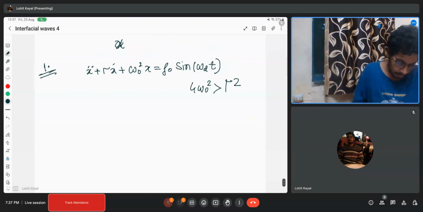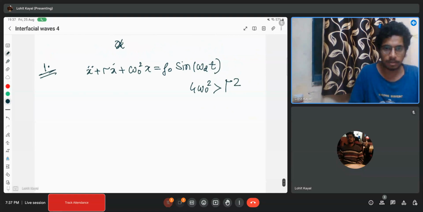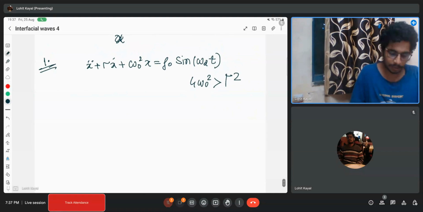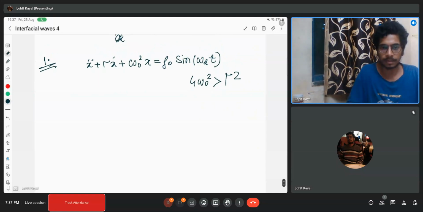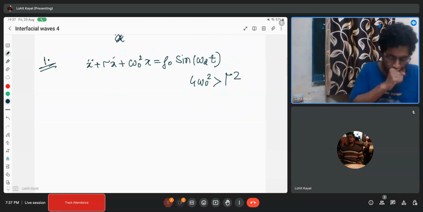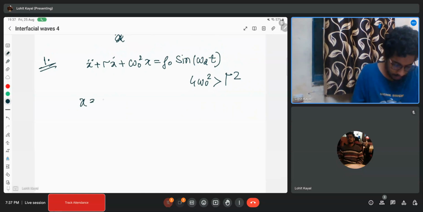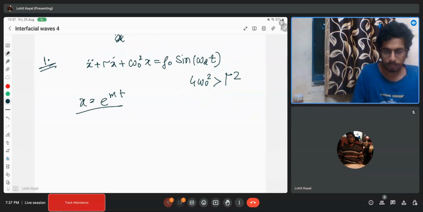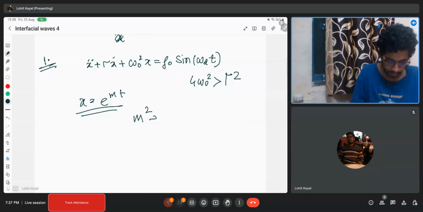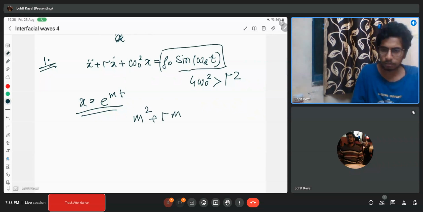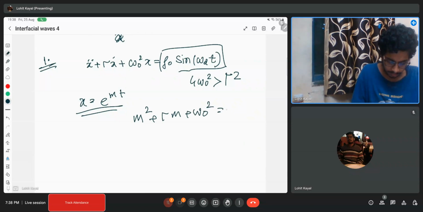So how can you solve this problem? This is a linear equation, so you can solve it very easily. Simply substitute x equal to e to the power mt. Let us first solve the complementary function, then we will solve the particular integral. We get m square plus gamma m plus omega 0 square equal to 0.